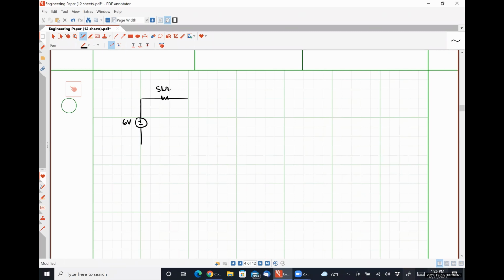We have a 5 kilo ohm resistor, some diode D1, an 8 kilo ohm resistor, some 10 volt source, a 4 kilo ohm resistor down here, and a second diode for this orientation, which we will call D2.